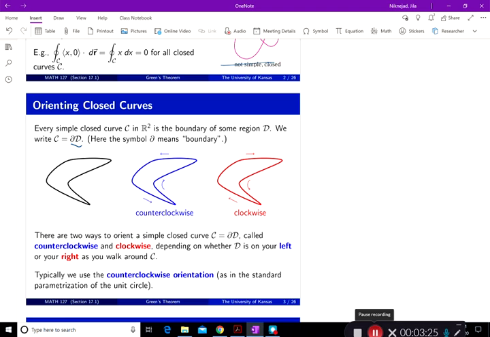This tells you whether the region is on your left or right as you walk the path: for counterclockwise, it's on your left; for clockwise, on your right.